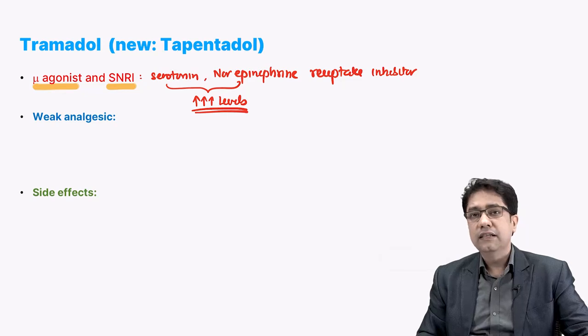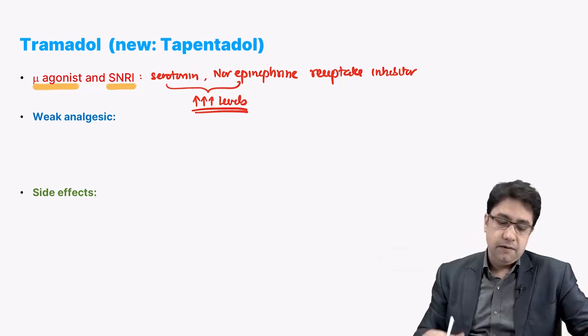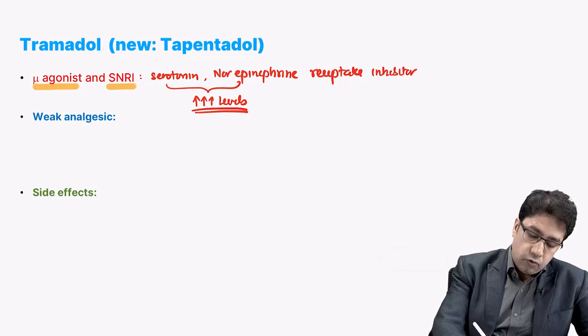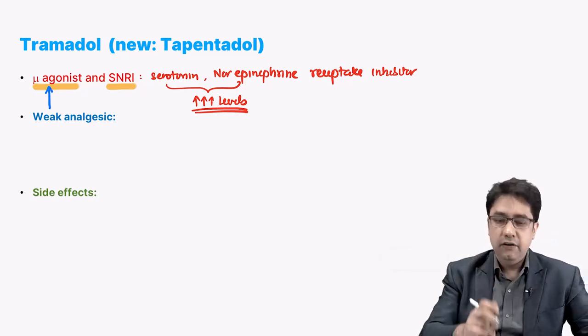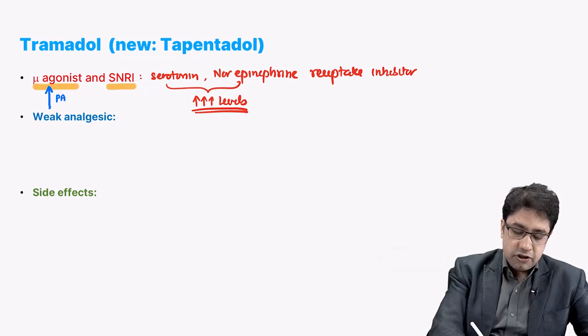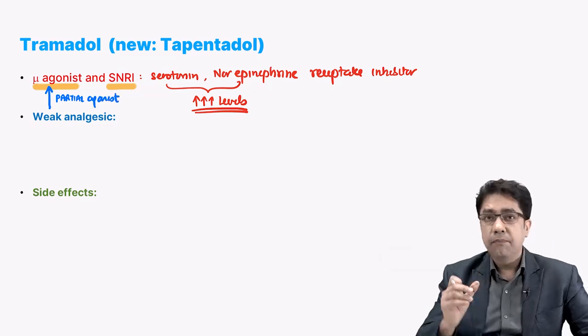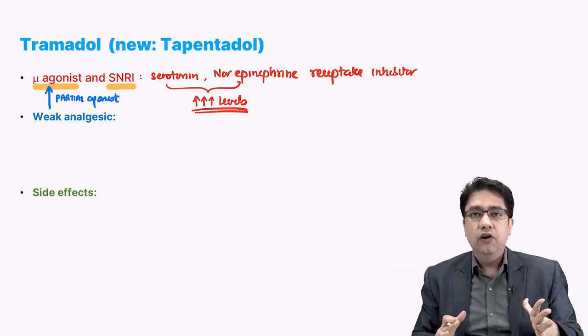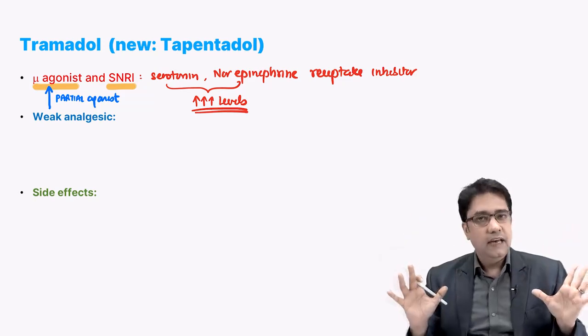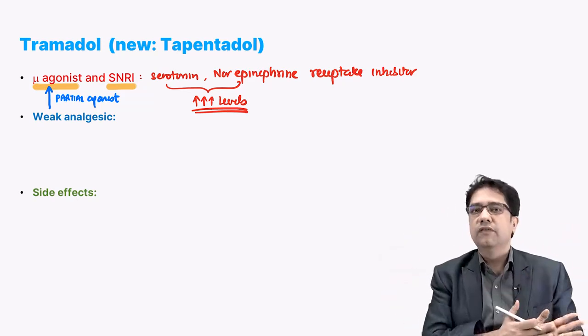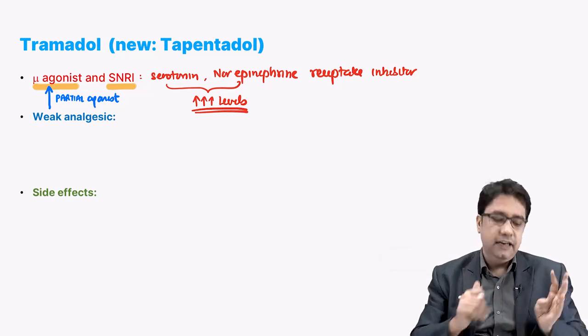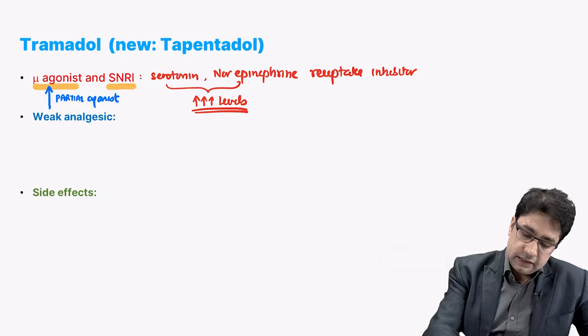Now tramadol is a very weak analgesic because in mu agonism, it is not a full agonist, it is rather a partial agonist. So because it has a very weak property, can we say it will not lead to intense pleasure? Agreed? That is why it was also given in opioid de-addiction. Now the point is, it's a very weak analgesic.